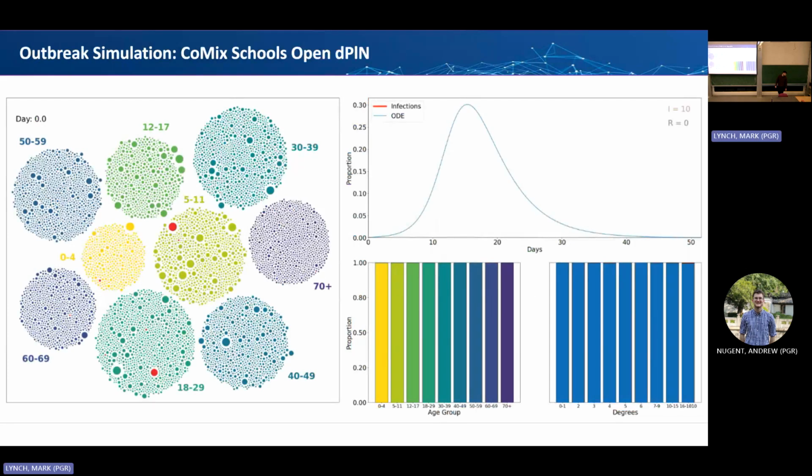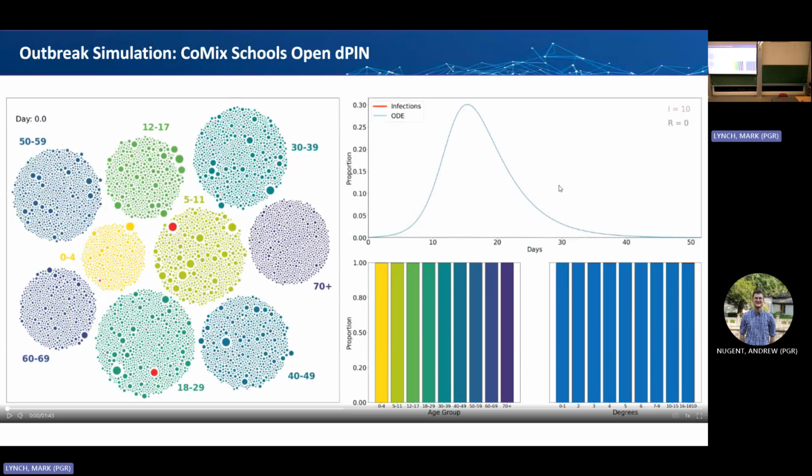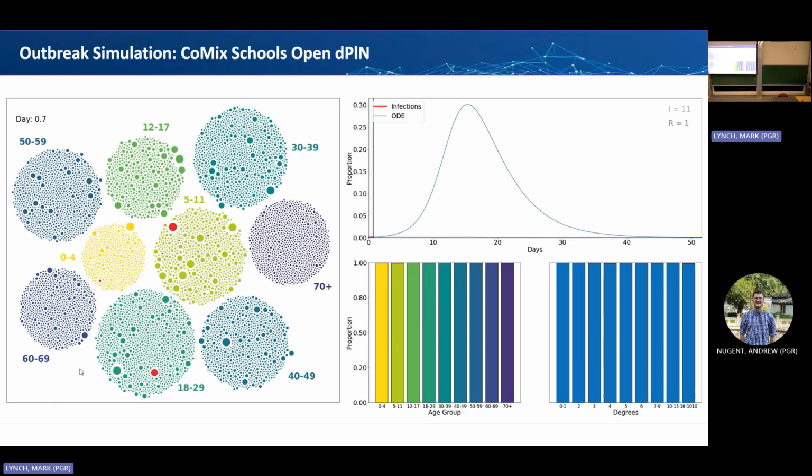Once we have that, I was happy that my model is pretty accurate to the data, but the idea of the modeling is to do outbreak simulation. So this is an outbreak on my model. The blue line is the compartmental ODE simulations. We can see that the disease doesn't really take off if we assume that every contact is equal, so the people who have thousands of contacts interact with each contact just as much as someone who has 2 or 3 contacts.